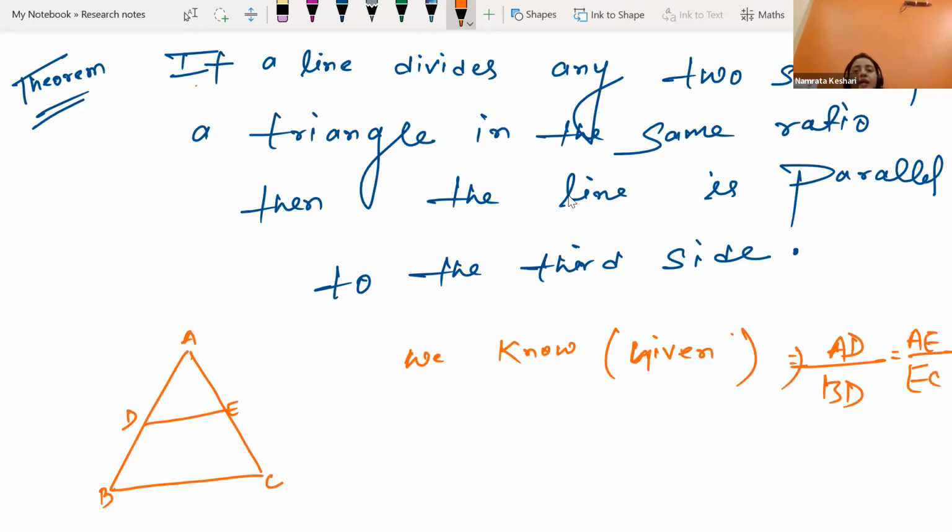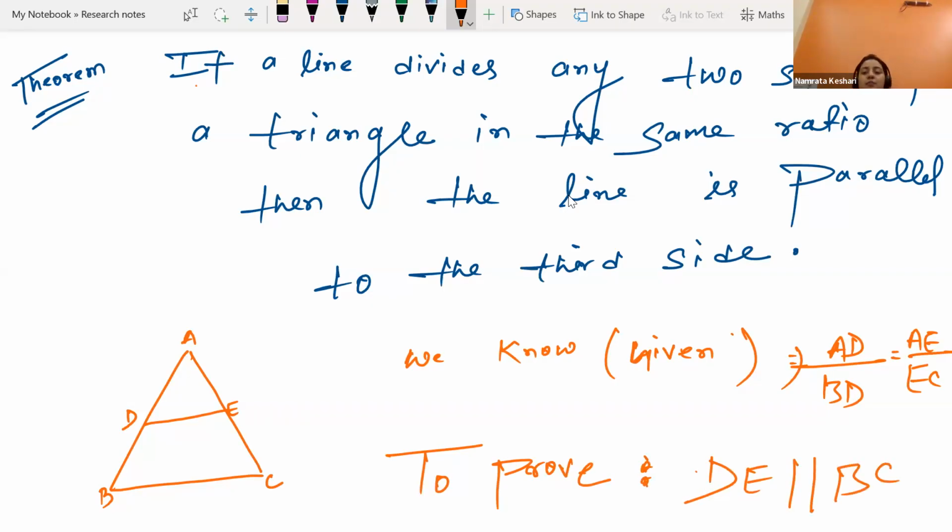The ratio is the same. It is given over here. If a line divides any two sides of a triangle in the same ratio, then what we have to prove? We have to show that this line DE must be parallel to BC. If the ratio is the same, then the lines are parallel. Previously, we proved that if the lines are parallel, then the ratio will be the same, and there we gave a lot of effort.